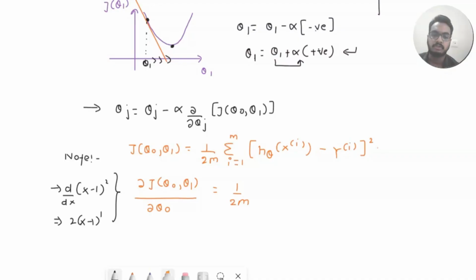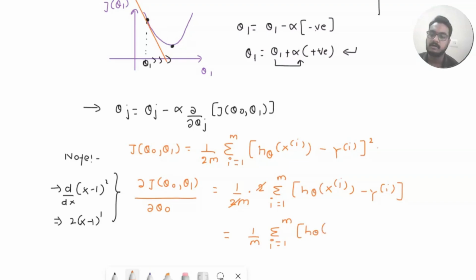So here also the power is 2, so it will be taken to the front. Summation i going from 1 to m, and here we will get h theta of xi minus yi, and the power will be 1 here. So 2 and 2 get cancelled. So we get the partial derivative as 1 over m summation from 1 to m of h theta of xi minus yi. This is with respect to theta 0.